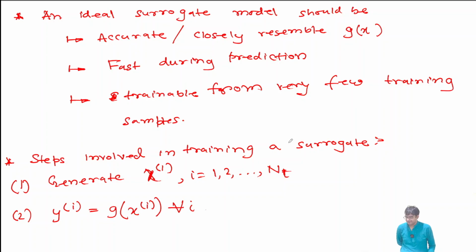Suppose you train the surrogate model so that there are more number of failure points. That means the surrogate has only learned the failure zone. In importance sampling, that was needed because you are using the actual G. There was no approximate G there.